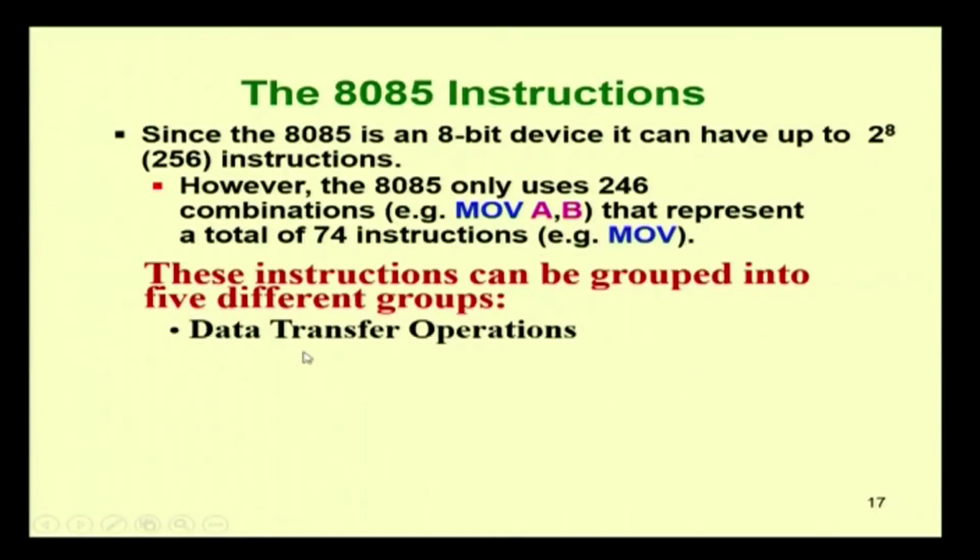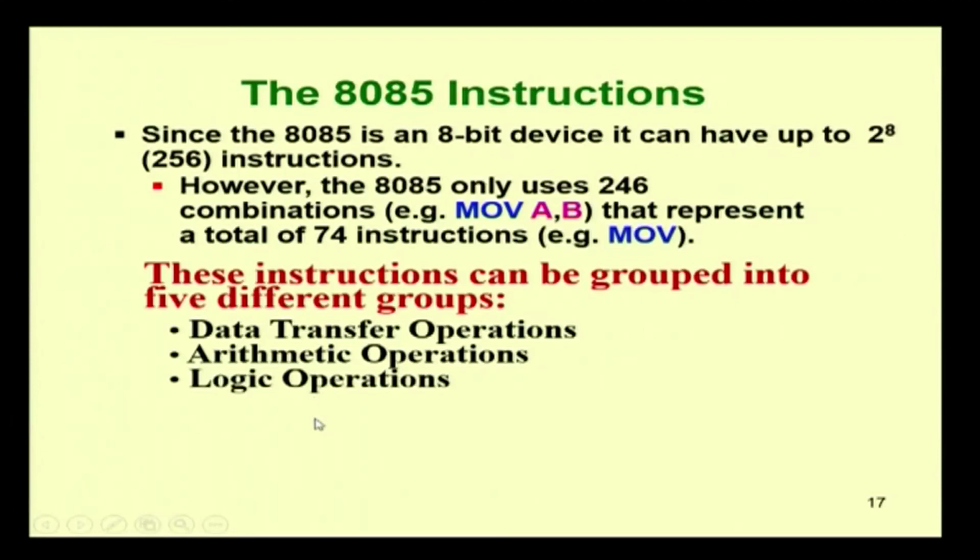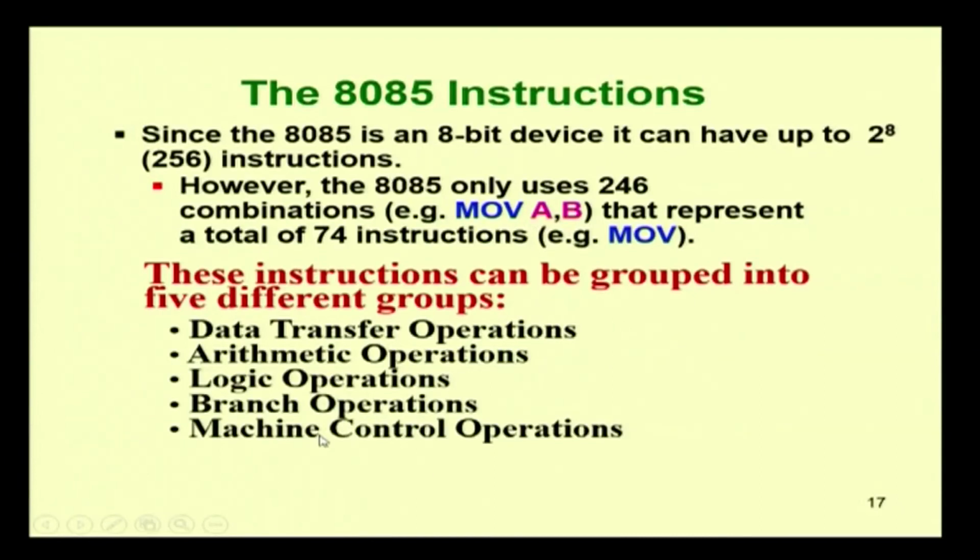We have instructions for data transfer operation, instructions for arithmetic operation, instructions for logic operation, instructions for branch operation, and then instructions for machine control operation. So, we have grouped them into 1, 2, 3, 4, 5. Although 246 may look like a big number, they can actually be grouped into only 5 groups, and it is very easy to study them.